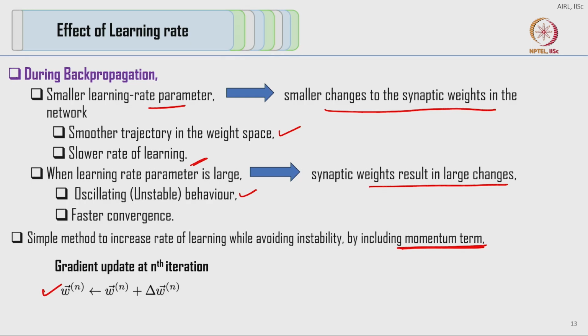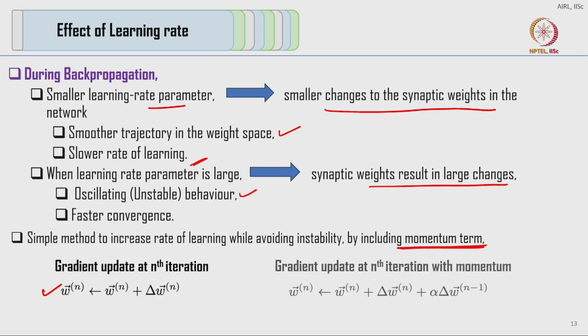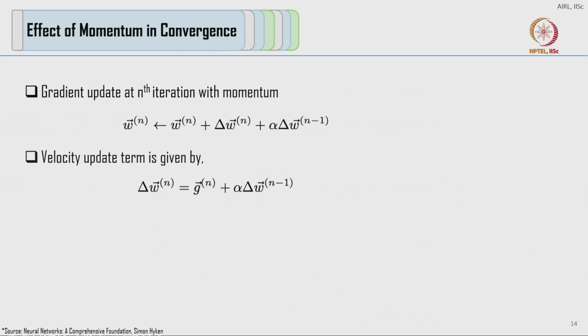Now let's try to integrate the momentum term here. So after integrating the momentum term, W at the nth iteration is Wn plus delta Wn plus alpha times delta W at the n minus 1th iteration, right. So we can see at the nth iteration, the n minus 1th gradient also has an influence.